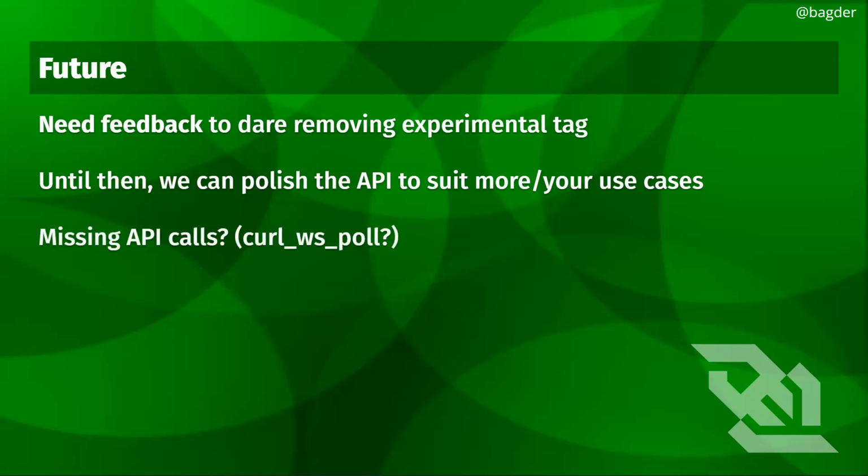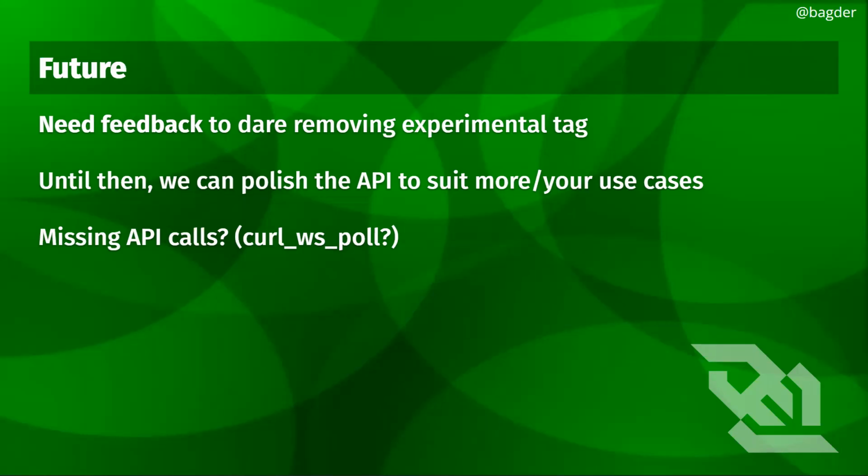So we can also discuss, for example, whether there are any missing API calls in this family of APIs that we provide for WebSockets. There's, for example, no way here to wait for activity on a WebSocket connection or transfer. Maybe we need a curl_ws_poll to ask curl to wait for incoming traffic for a given amount of time.